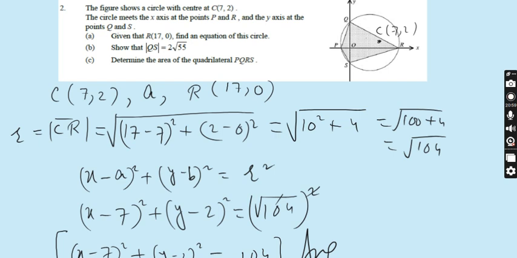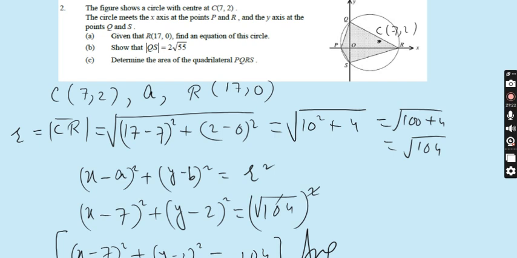So whenever you see a part of the question, you must do some research on the previous part and see whether there is any link between the previous part and the given part. So obviously it will help you a lot.